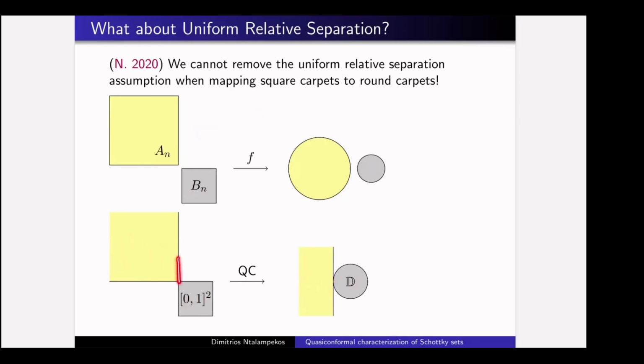And therefore, this map takes this 90-degree angle and maps it to a cusp, and this is not allowed by a quasi-conformal map. All right, so if we want to have a quasi-conformal uniformization, we cannot remove this assumption.